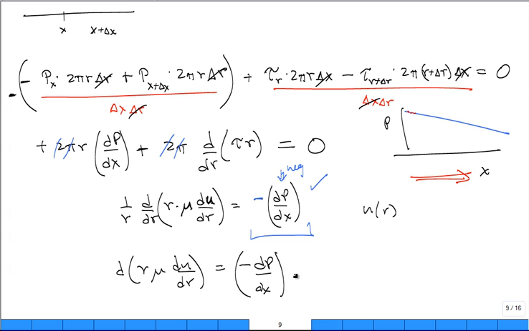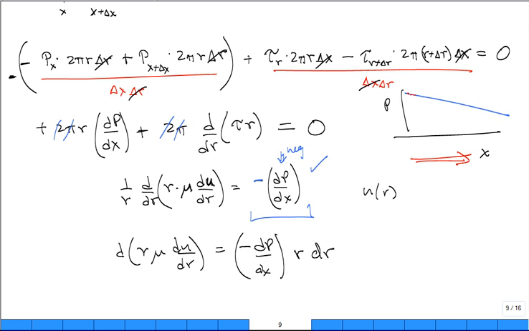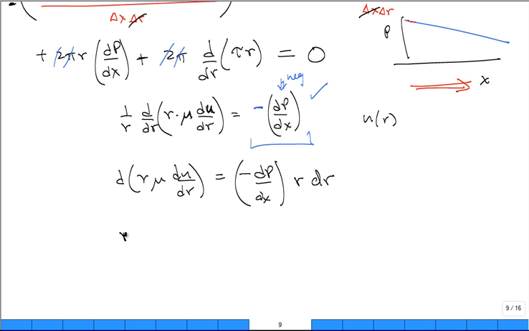And then I bring over here r dr. I separated. Now I go ahead and integrate, and I'll get r mu du dr equal to negative dp dx times 1/2 r squared plus a constant of integration.